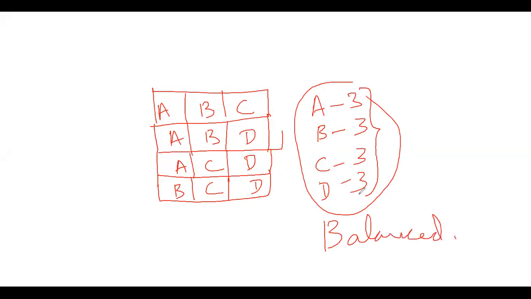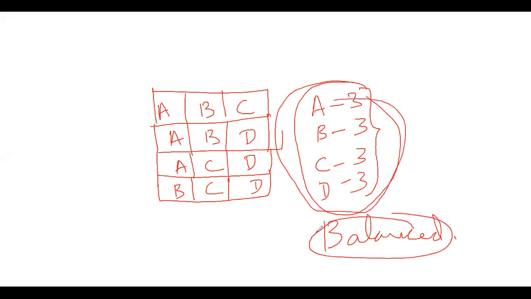Right? So the earlier example is partially balanced. 2 groups are there: one group with 3 replicates, the other with 2 replicates. If all have the same number of replicates, then it is balanced. So that is called a balanced design.